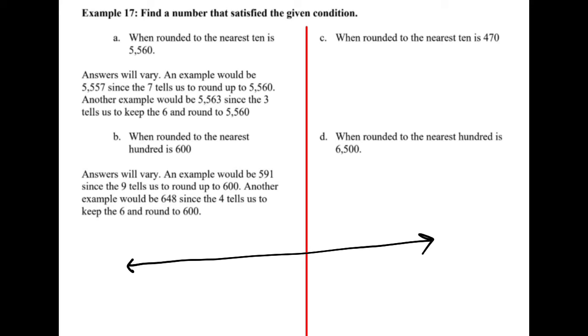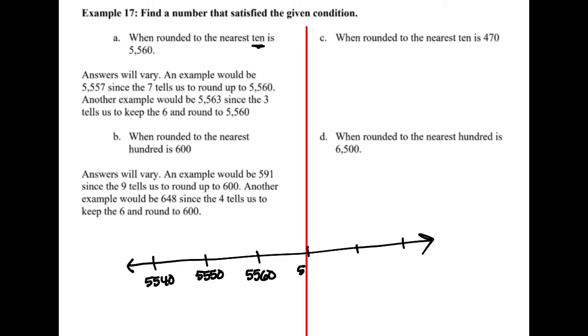Okay. Oh, nice straight line, huh? So we're rounding to the tens place, so my number line is going to count by tens. 5,560 is what we want the answer to be. So the one before that would be 5,550, 5,540.